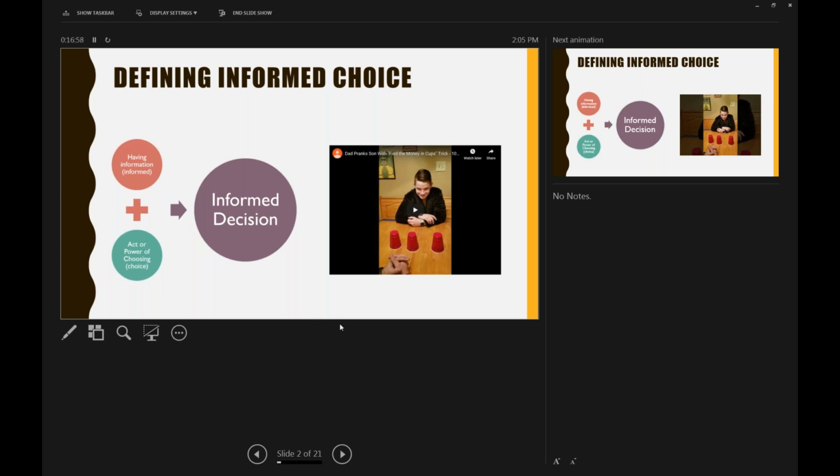To help showcase this thought, every day we make informed decisions, just like voting. We learn about the candidates and we decide based on what's important to us, our preferences, and the information that we have, who we feel is the best candidate that we want to vote for.